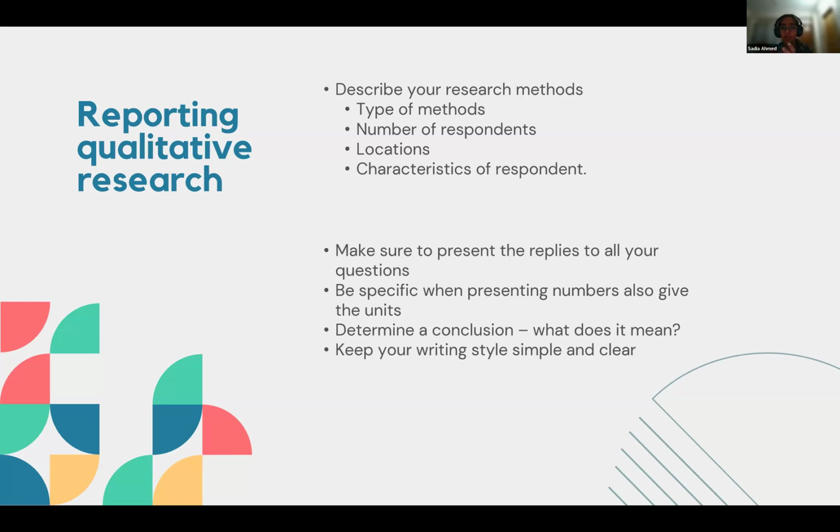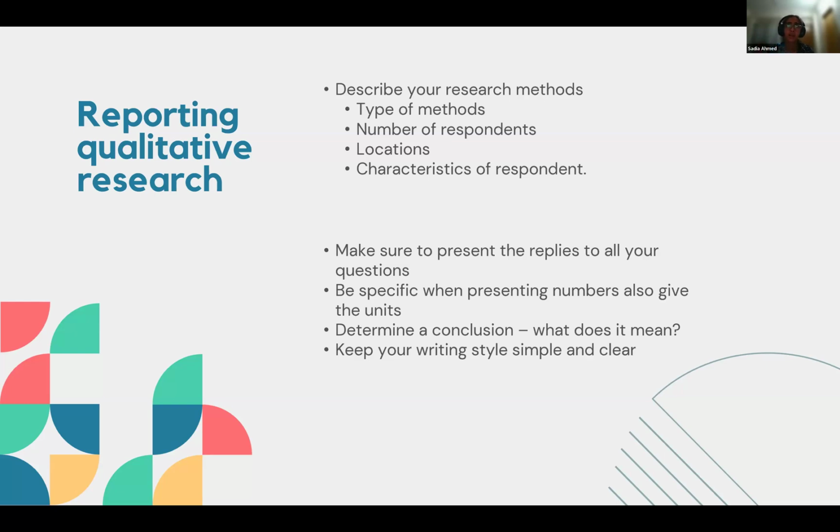Make sure that you present replies to all your questions. So if you're talking about awareness and impact and behavior, make sure you present the replies that are specific to that. Give numbers and be specific, like saying 2 hours per day, or this many dollars per month saved, and determine a conclusion.